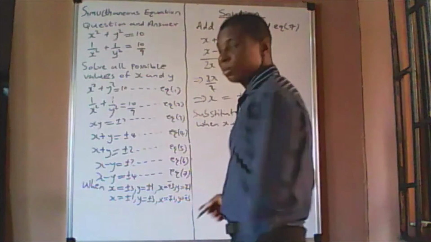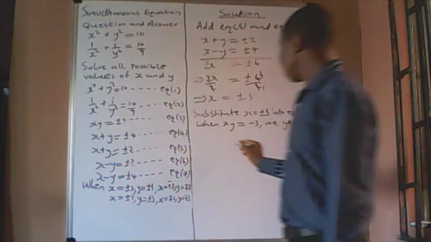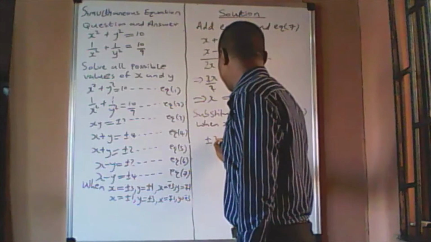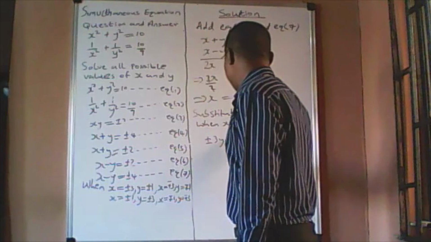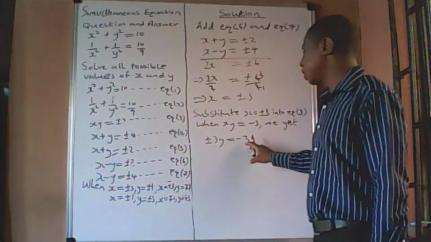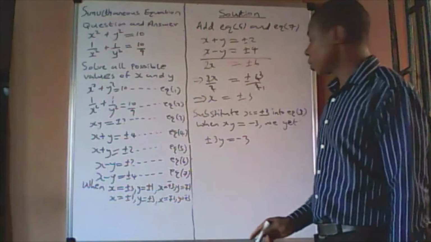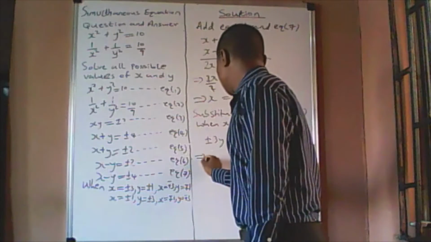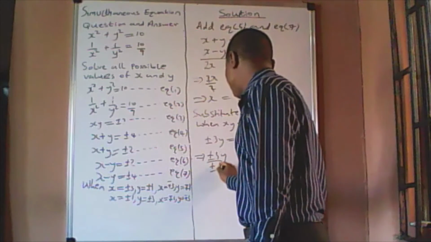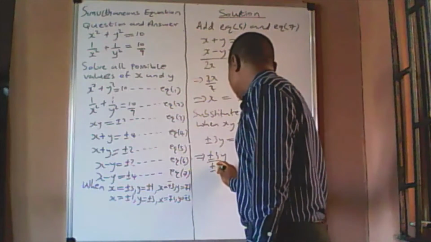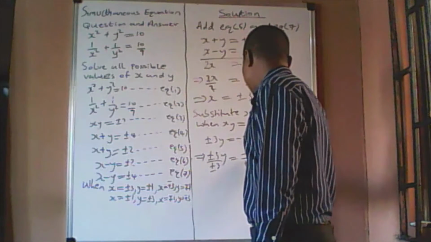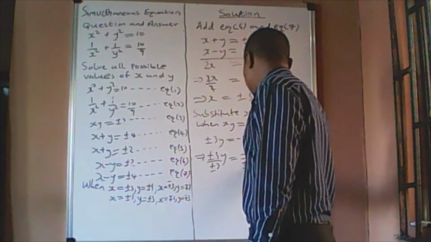We get plus or minus 3y equal to minus 3. Now I'm going to divide both sides by plus or minus 3. We get plus or minus 3y divided by plus or minus 3 equal to minus 3 divided by plus or minus 3.